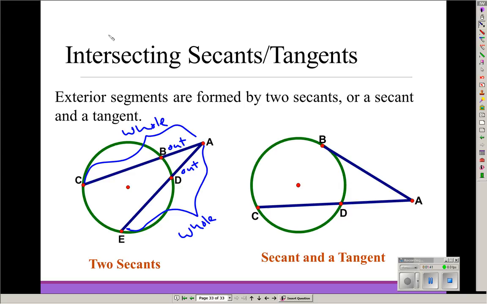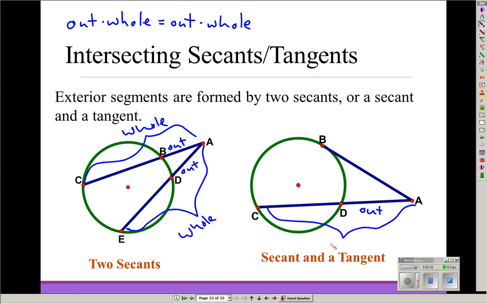So with the secants, their relationship goes outside times the whole thing equals outside times the whole thing. When you have a secant and a tangent, the secant is still outside times the whole thing, but for the tangent, it gets squared.